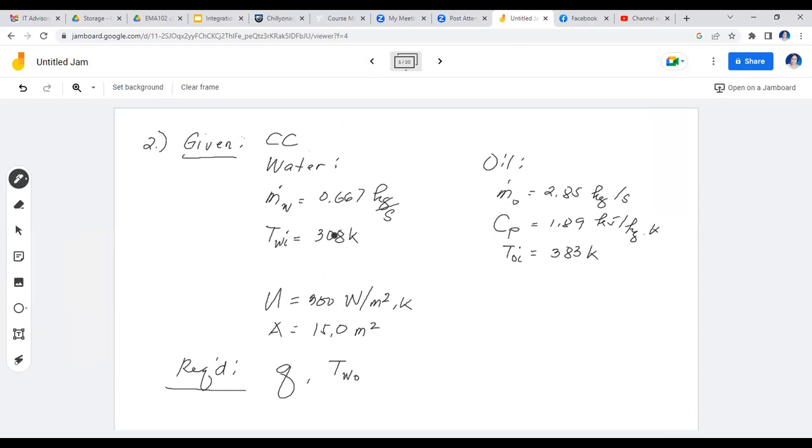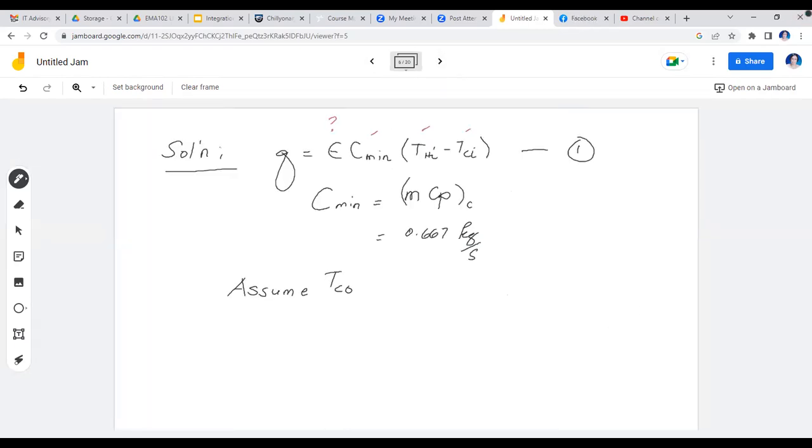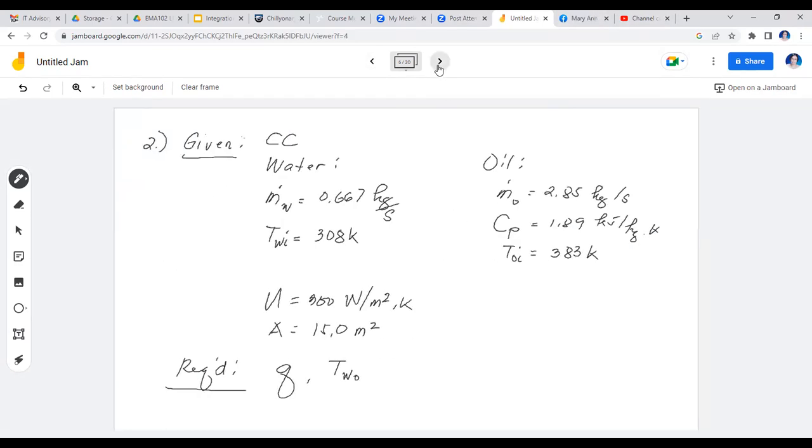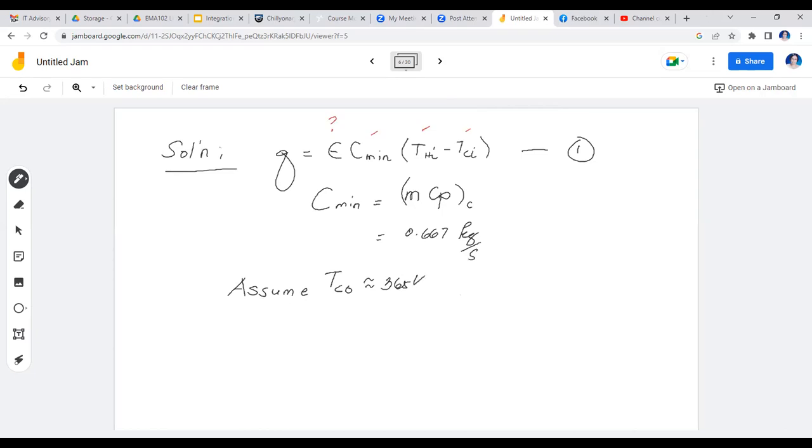So more or less, our outlet temperature of water will be lower than this one because they're going to face each other in the diagram. Then we'll assume a TCO equal to 365. What's our unit here? Kelvin.